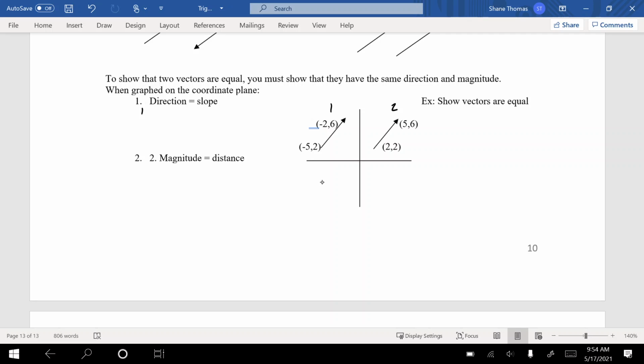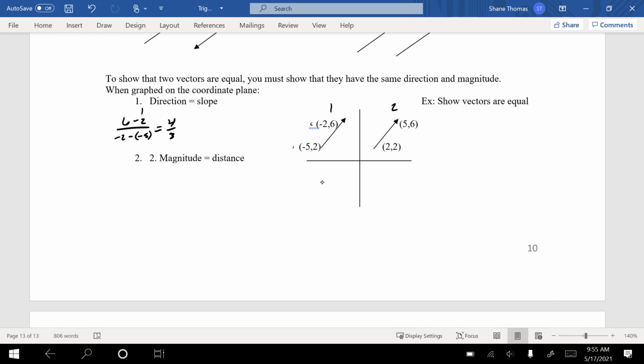So for this first one, I'm going to say this is point 1 and this would be point 2. So slope would be 6 minus 2 over negative 2 minus a negative 5. What's 6 minus 2? 4. What is negative 2 plus 5? Okay, so that's the slope of line 1. Vector 1 will be 4/3.